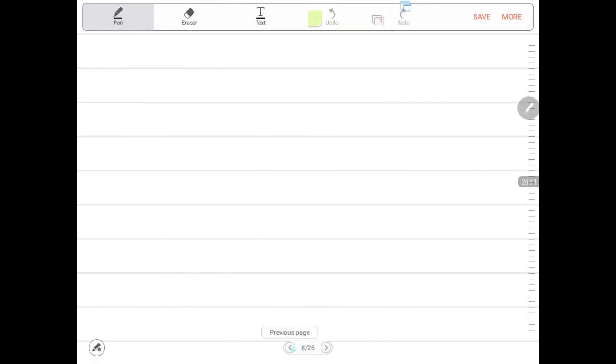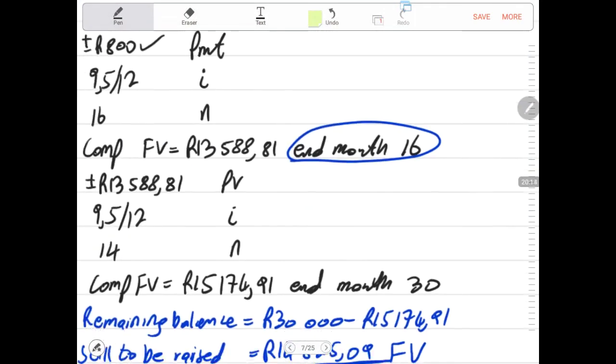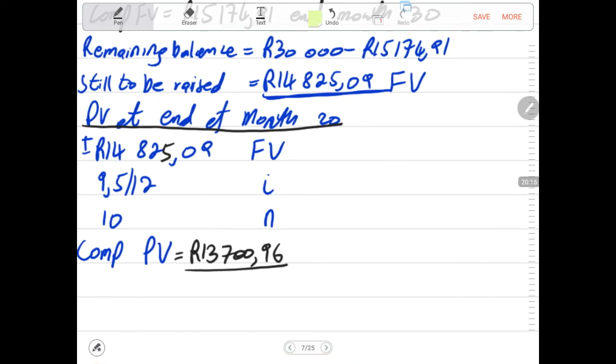Then we need to say total investment. First I want to know how much is total investment.